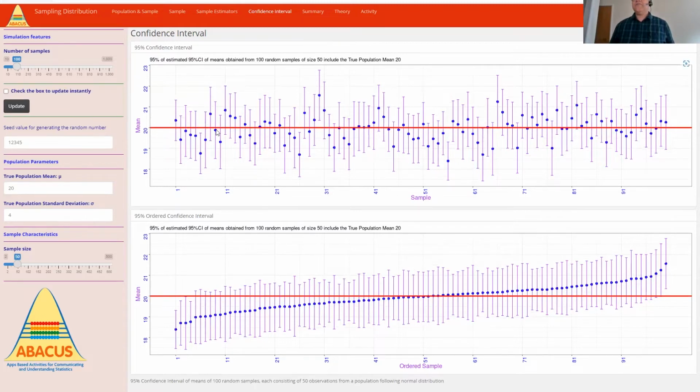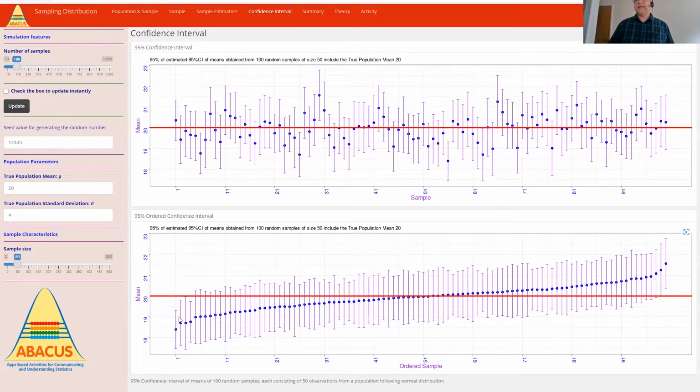And if we put these 100 confidence intervals, the 95% confidence interval states that if you calculate these 100 confidence intervals, then 95 of those confidence intervals will include the true mean. Now, we know the true mean here, which is 20, the red horizontal line here.